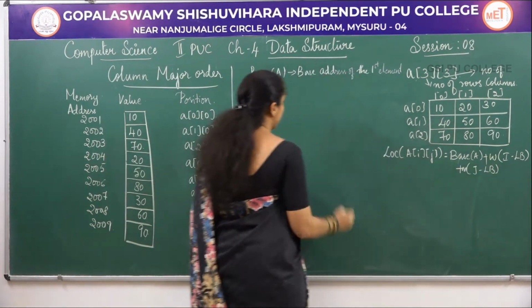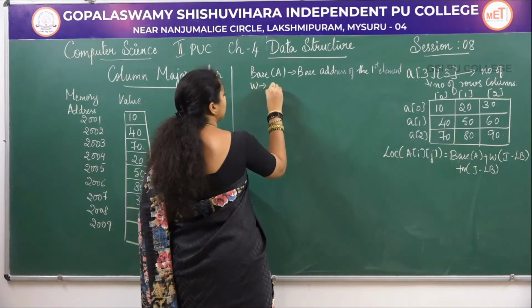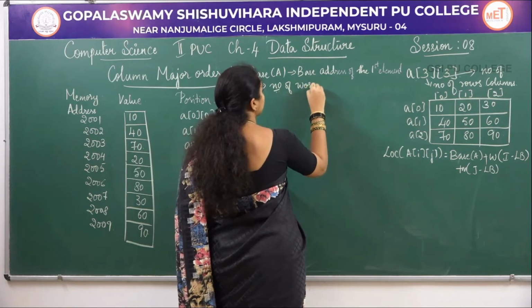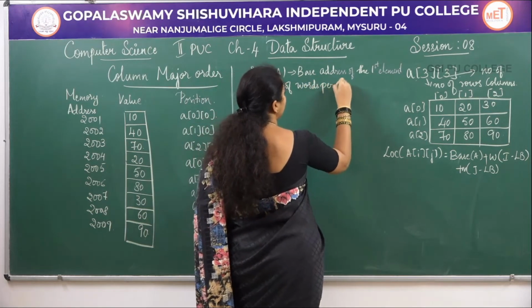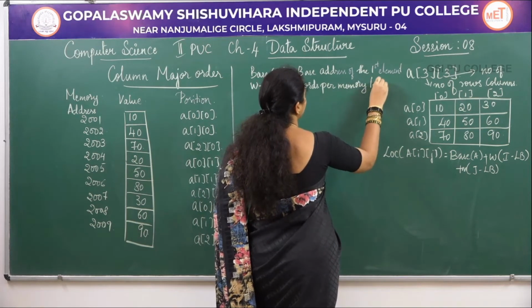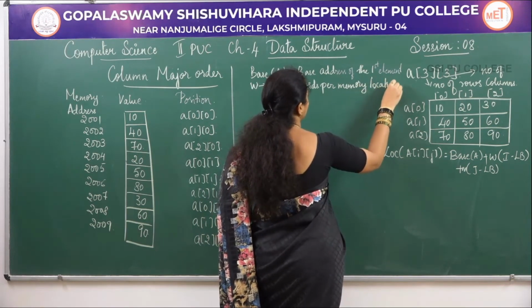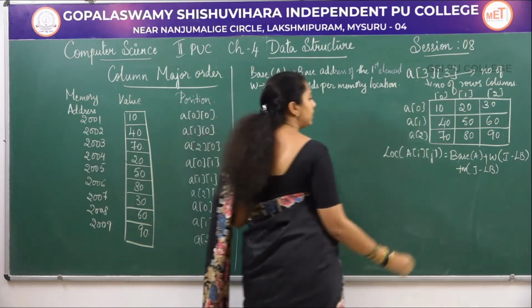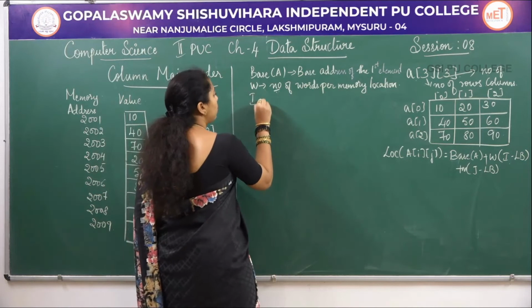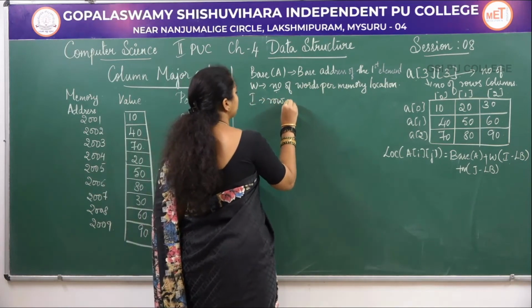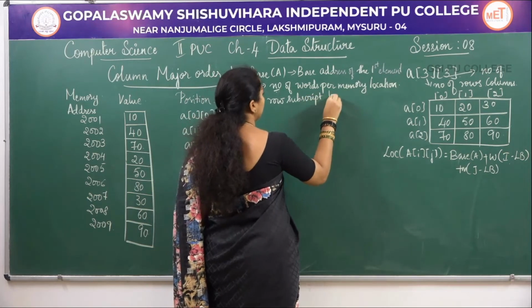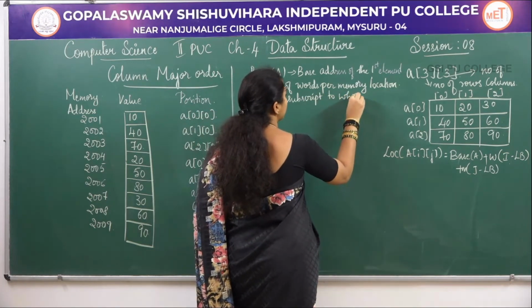And W represents number of words per memory location. And I represents row subscript to which address is to be found.